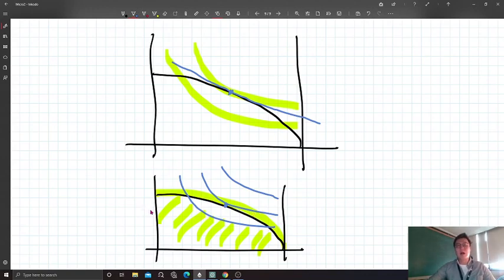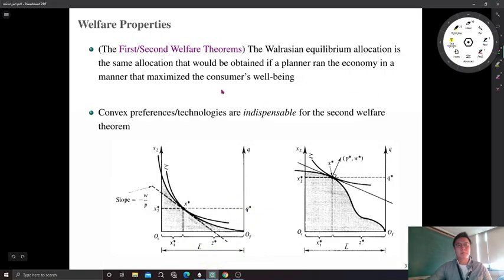Then still, if the planner wants to maximize consumers' well-being, we end up with the same allocation as the one achieved by market mechanism.